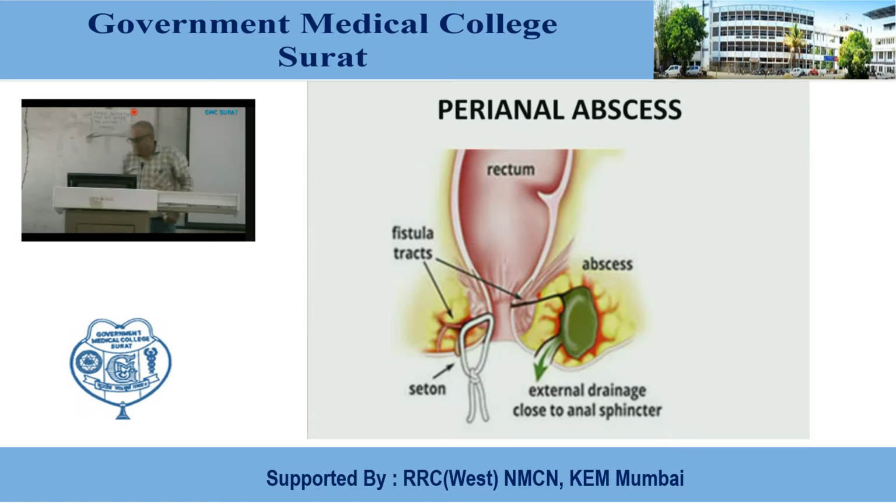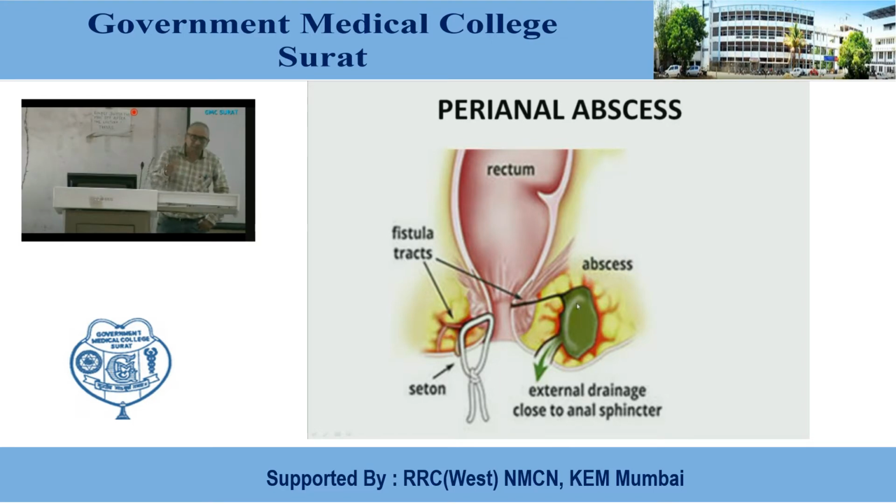That is known as the perianal abscess. Now this perianal abscess is very painful because the fat is in a compartment, so the pressure is more. The abscess leads to pressure, and because of that it is painful.